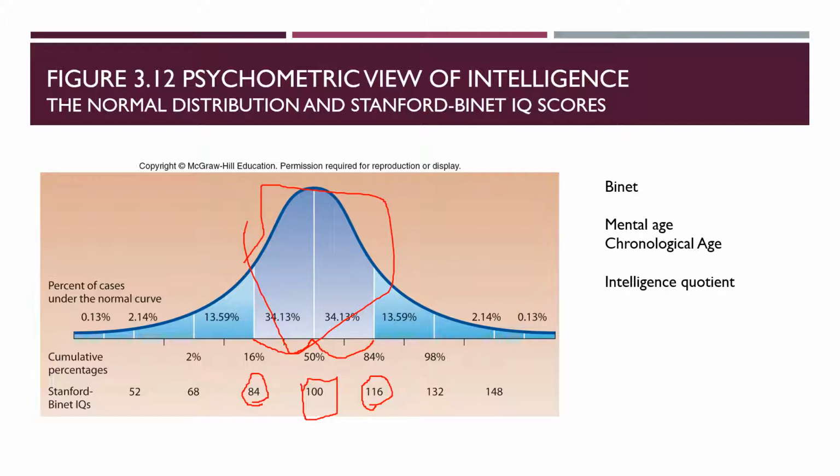The farther out that we move from this mean of 100, either above or below, the less likely it is that we will find people in the population who have that particular IQ score. So 100 is the most common, and most people will fall between 84 and 116.